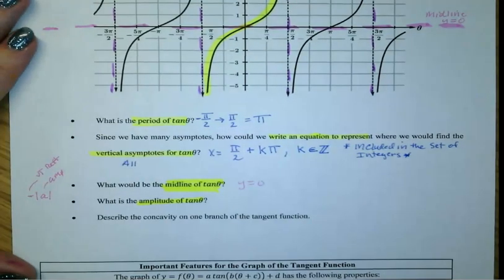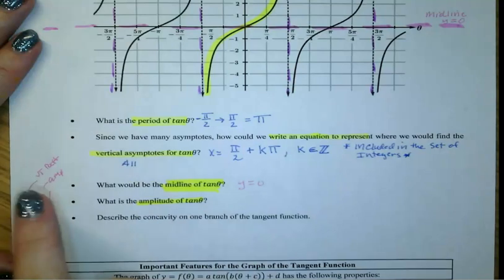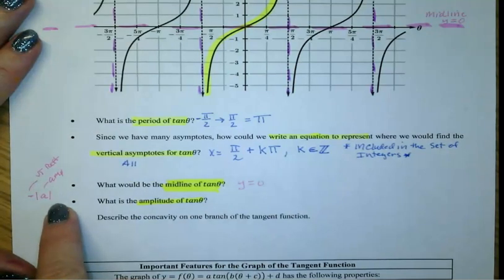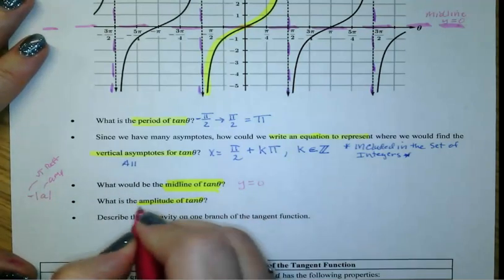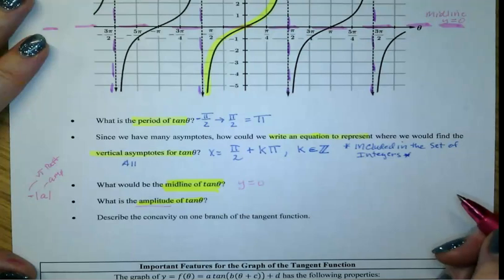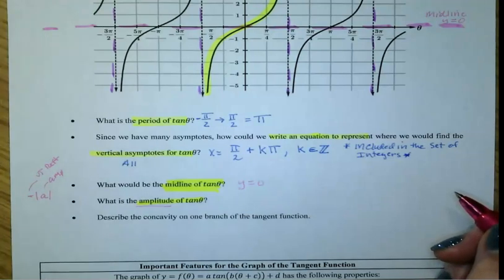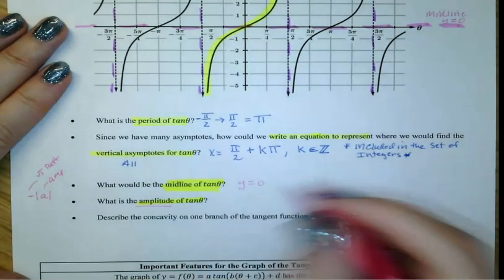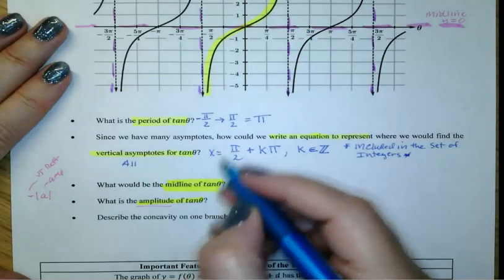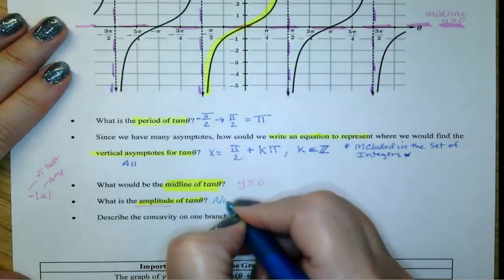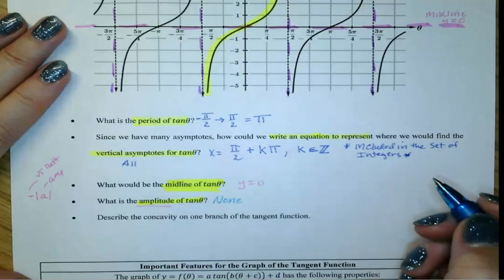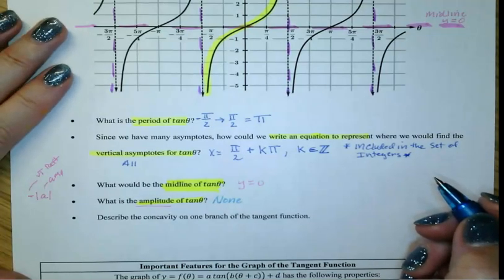In our case now, because we can't get to the top or the bottom of the graph, then we're not going to have an amplitude. We could have an A value that talks about vertical stretching and compressing, but by definition, this is not going to happen on a tangent graph because there is no max or min. So in this one, we're going to say, what is the amplitude? There is none. Please don't use the abbreviation NA. That means not applicable.